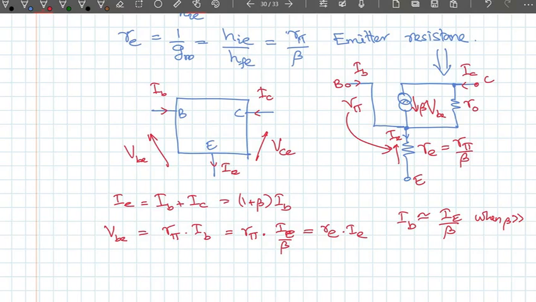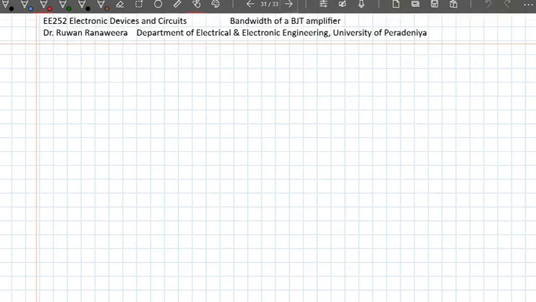Now it is also possible to obtain further simplifications for this. We can further simplify this if the output impedance R out is much bigger than the load resistor.